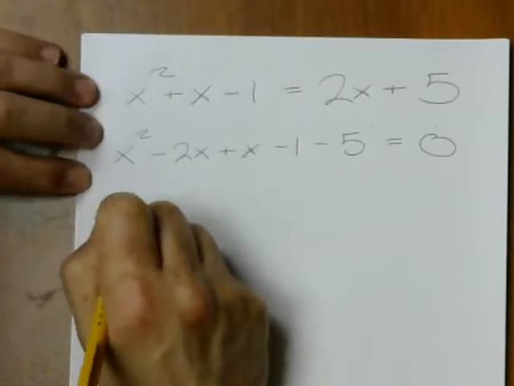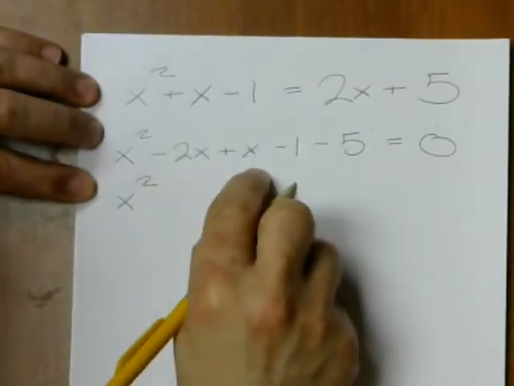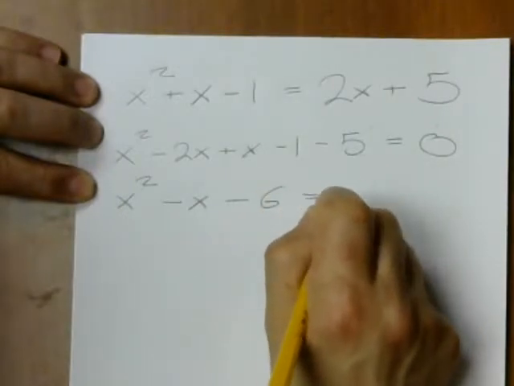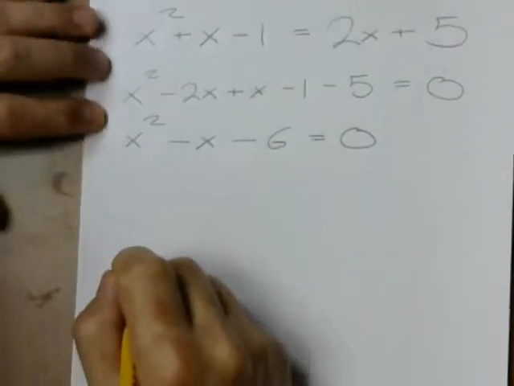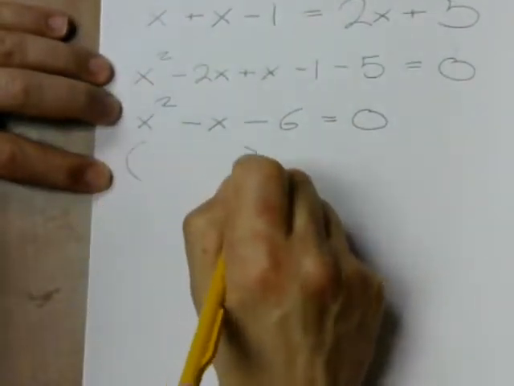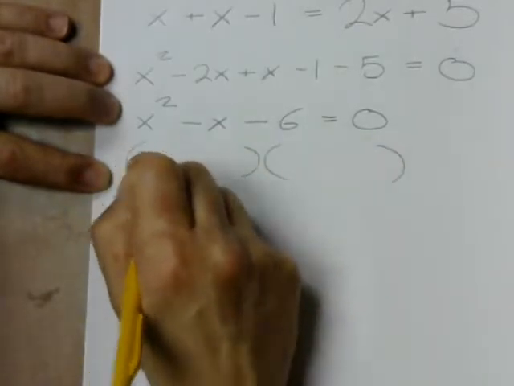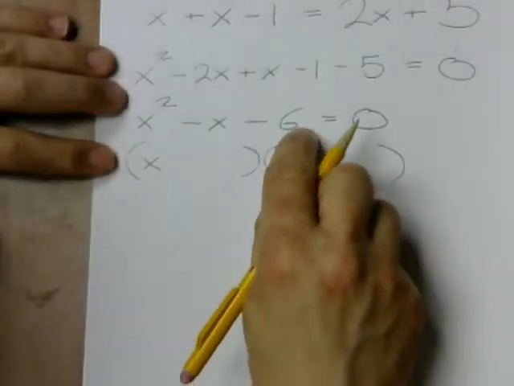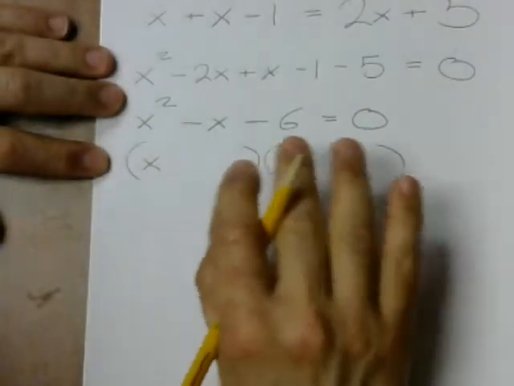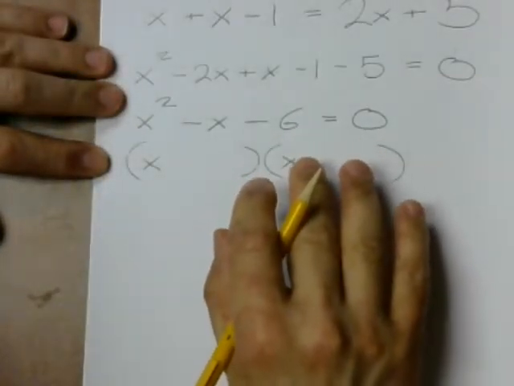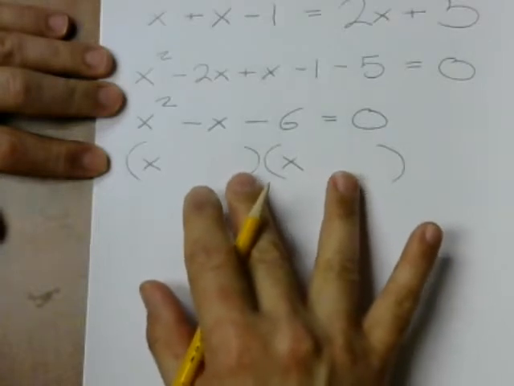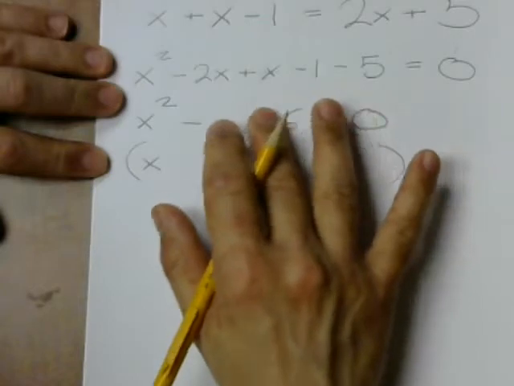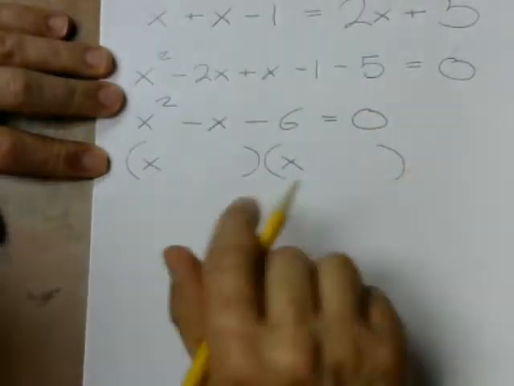So now what do I have? I have x squared minus x minus 6 equals 0. Okay. Well, let's try to factor this. I put an x here and an x here. If there's a way to factor this with integers, I know that these integers have to either be 1 and 6 or 2 and 3, because those are the numbers with product 6.